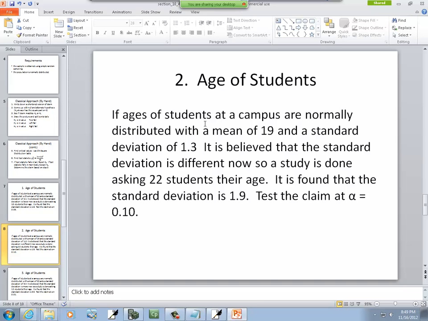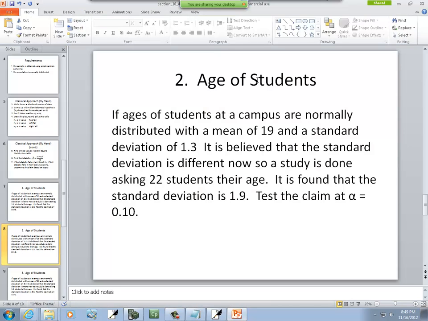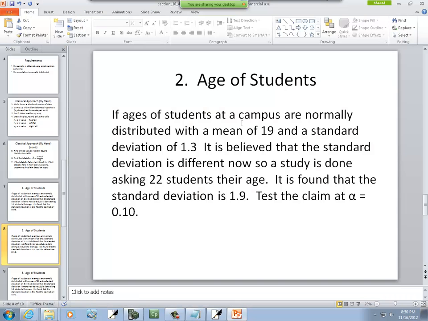If ages... and I'm pretty boring here, I can't make up exciting problems. They're all the same, but I did change numbers and some words. If ages of students at a campus are normally distributed with a mean of 19, so they're telling us mu is 19, and a standard deviation of 1.3, so that's sigma, because they're not talking about a sample.